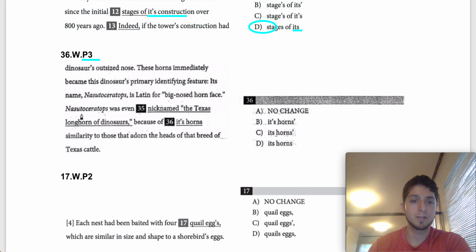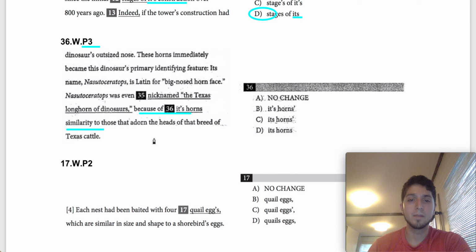Triceratops was even nicknamed the Texas Longhorn of dinosaurs because of its horns' similarity, right? So here we actually have two possessions. One is its horns, so its needs to be possessive. That means it could be C or D, because it is possessing the horns. And then whose similarity is it? It's the horns' similarity. So horns is also possessive here.